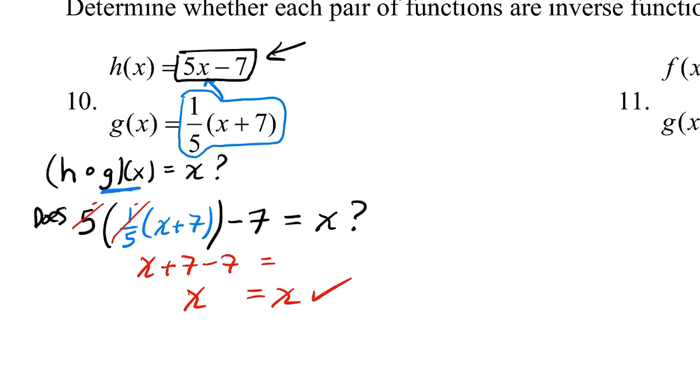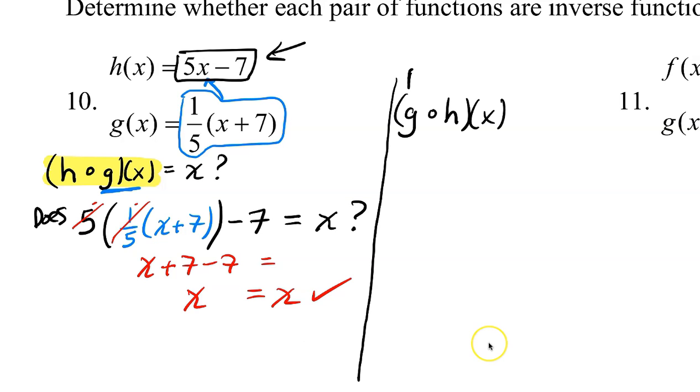The last thing that we do is the other composition. On the first one, we did h of g. On this next one, we're going to do g of h. So now the question is, does this equal x? Looking at composition of functions again, let me erase this a little bit.